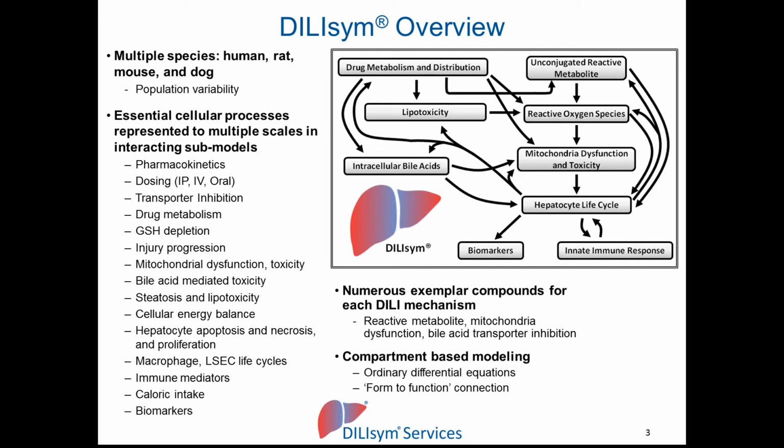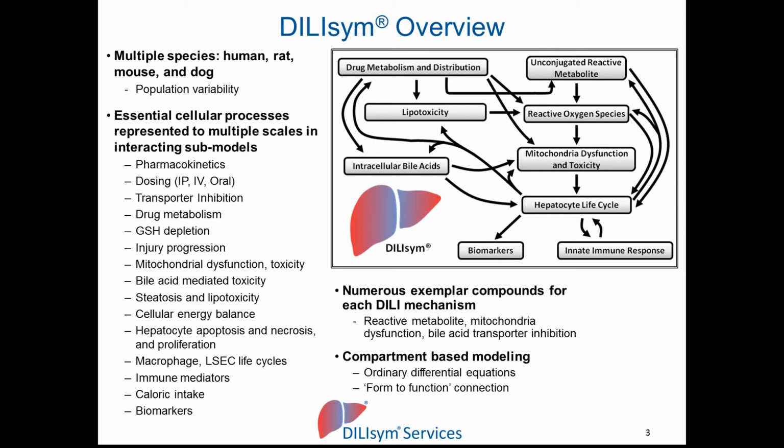It's a deterministic model utilizing ordinary differential equations. As well, it includes a form-to-function connection, wherein the loss of hepatocytes due to predicted injury feeds back and maintains mass balance such that the remaining, for example, drug can only be distributed or taken up by the viable remaining hepatocytes. That form-to-function connection is unique for a toxicity type model such as DILIsym.